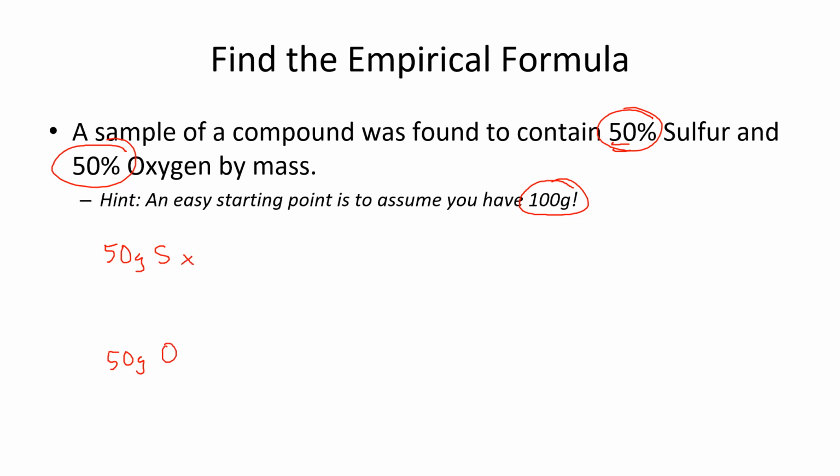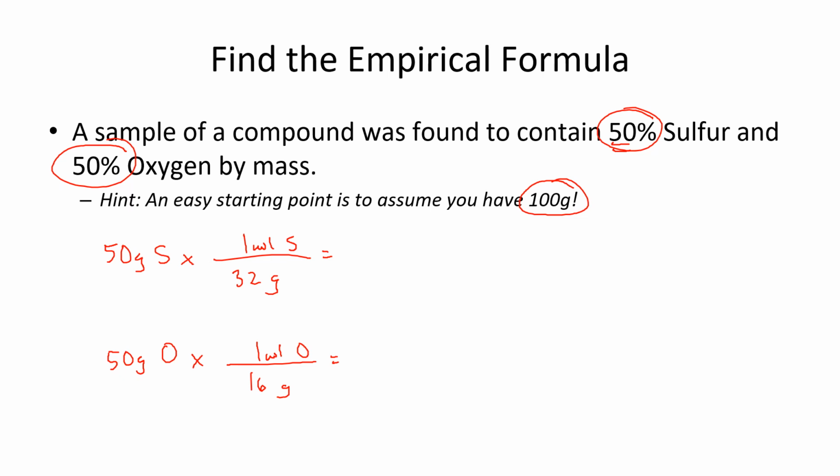Now what we want to do is convert this into moles. So we're going to use the molar mass of sulfur, which turns out to be 32 grams for every mole of sulfur. And we're going to do the same thing with oxygen. It is 16 grams for every mole of oxygen. And we'll work out the number of moles of each of these masses.